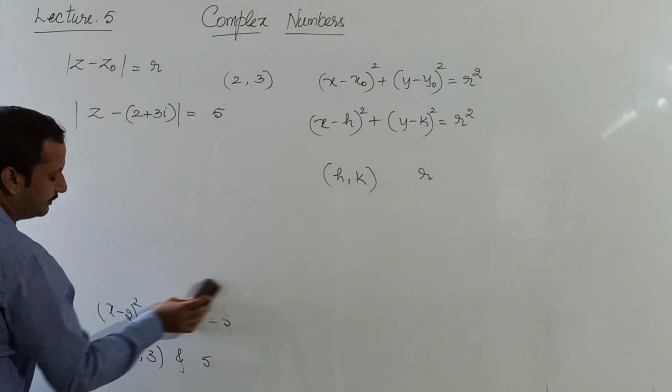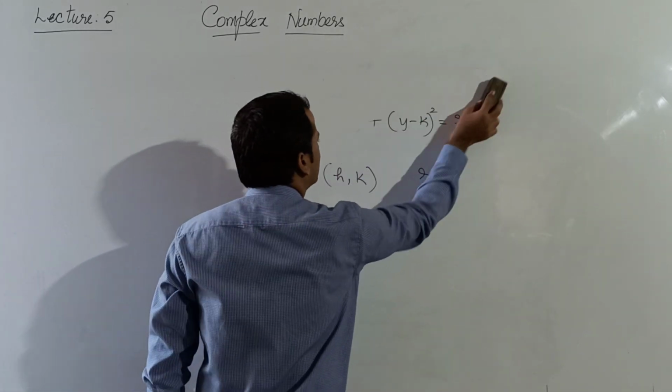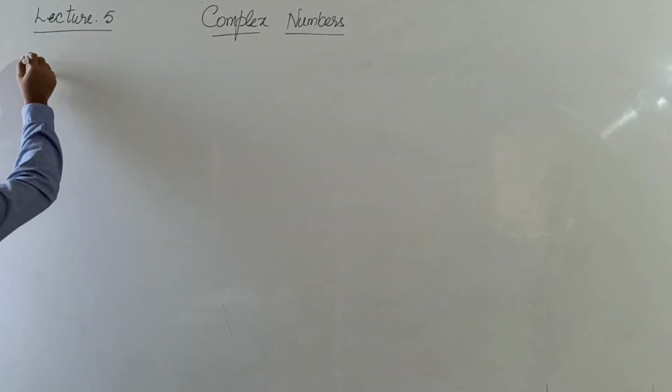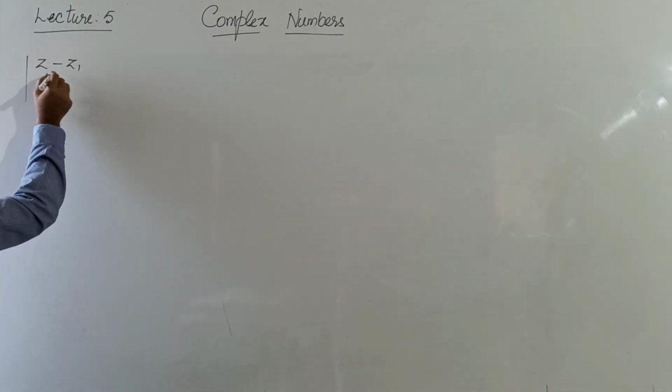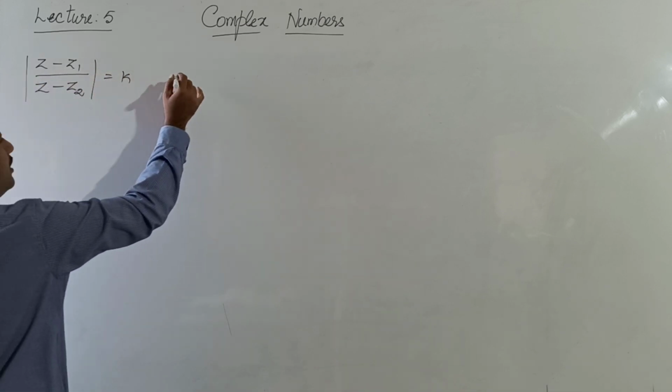Then, suppose you have modulus of z minus z1 divided by z minus z2 is equal to k.